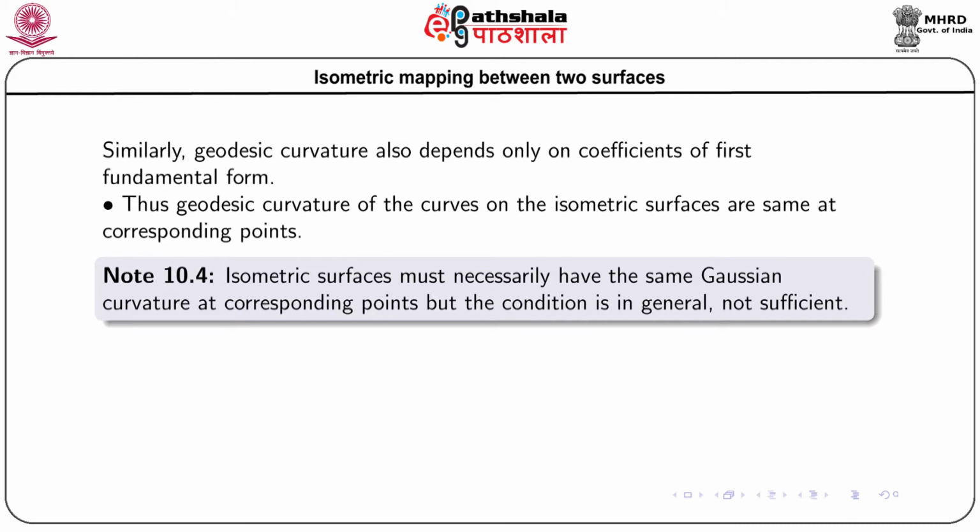But we have to note that isometric surfaces must necessarily have the same Gaussian curvature at corresponding points, but the condition is in general not sufficient. That means, Gaussian curvature may be same, but they may not be isometric surfaces.